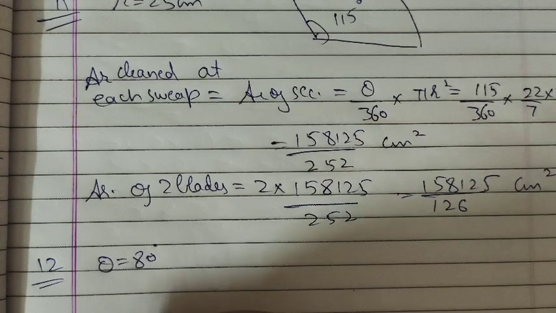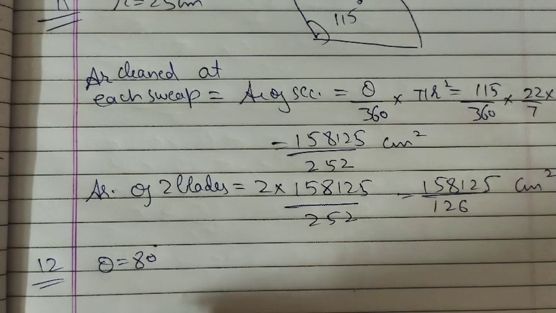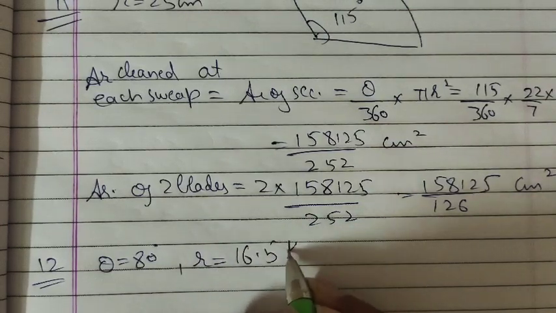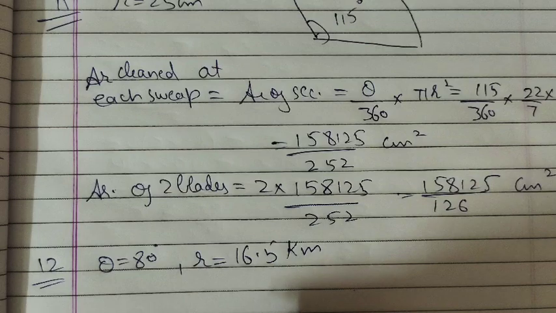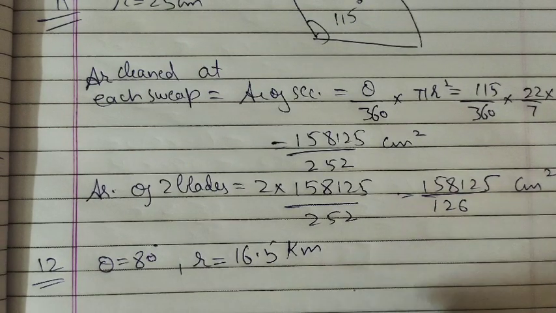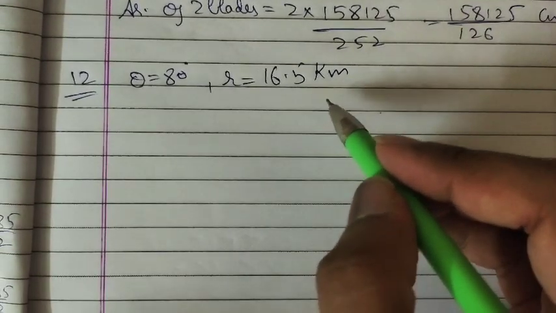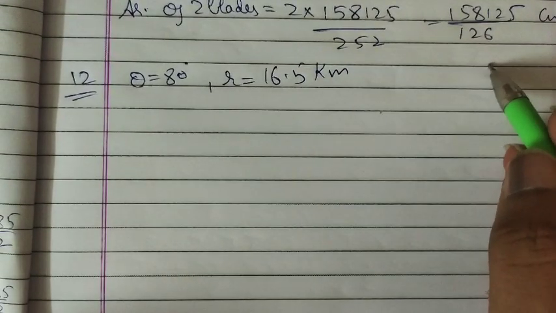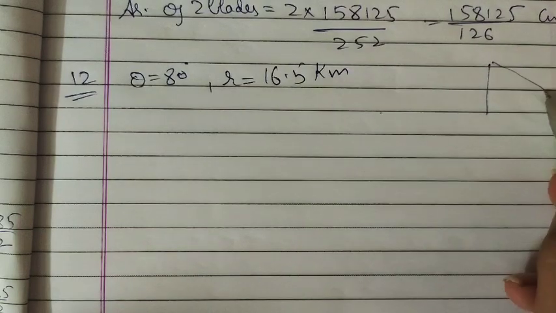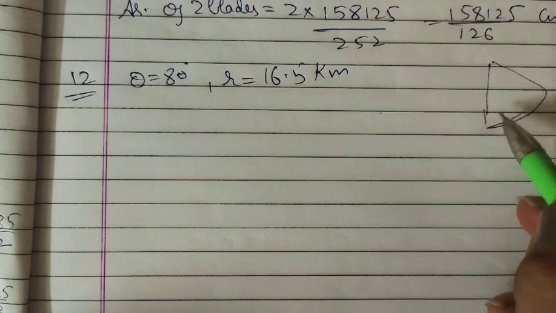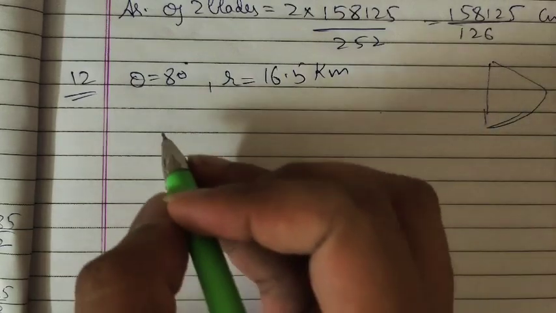Next we have a distance, so radius is equal to 16.5 kilometer. Find the area of the sea over which the ships are warned. Now this is a lighthouse which is warning ships for underwater rocks. That means that lighthouse will cover an area in this way, right? In this way, right? So theta is 80 degree.